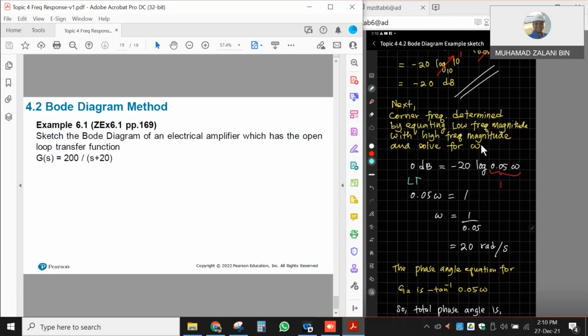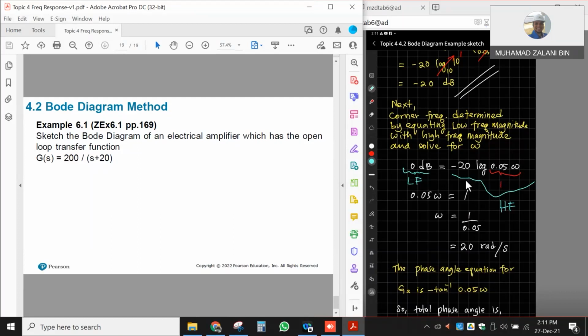This is the low frequency magnitude part. This is the high frequency magnitude. We make the low frequency and high frequency magnitudes equal, so that we can solve for omega.